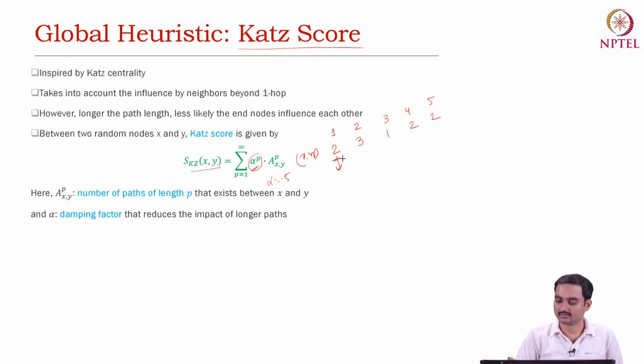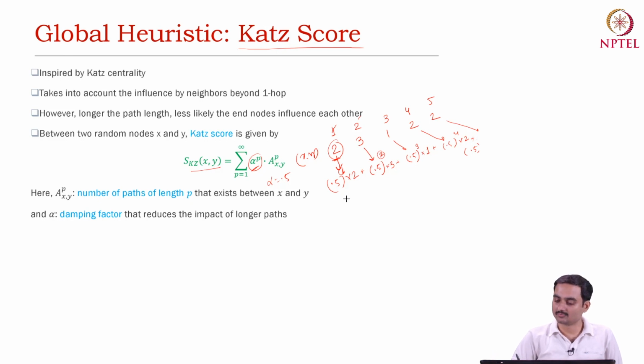So, the contribution of this part would be 0.5 to the power 1 times 2, plus 0.5 to the power 2 times 3. Now, this 1 is the length, 2 is the length, so plus 0.5 to the power 3 times 1, 0.5 to the power 4 times 2, and 0.5 to the power 5 into 2.